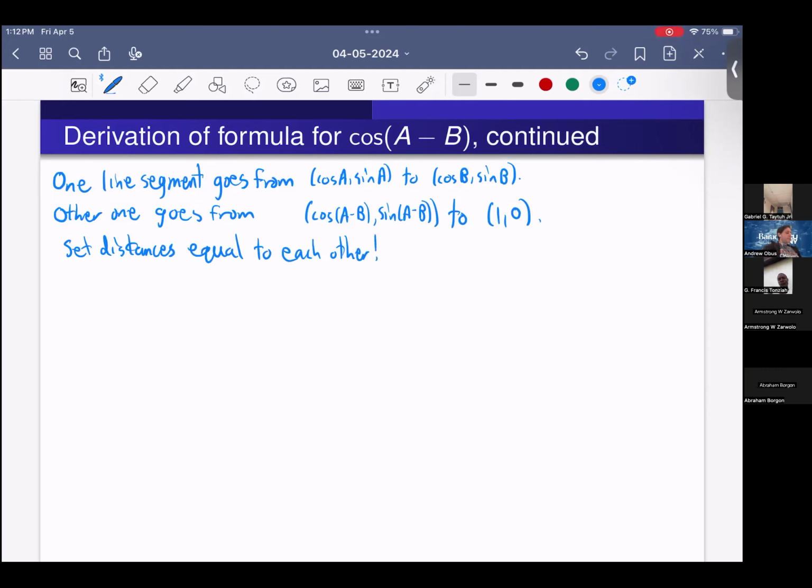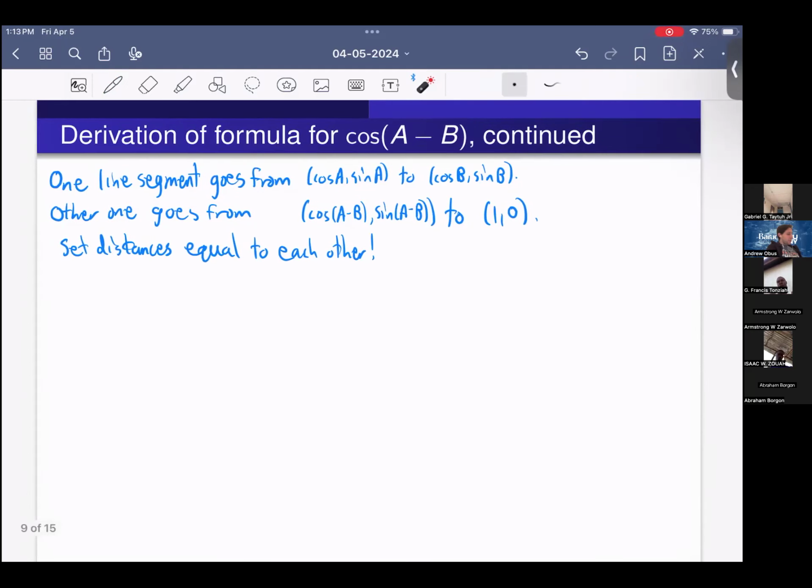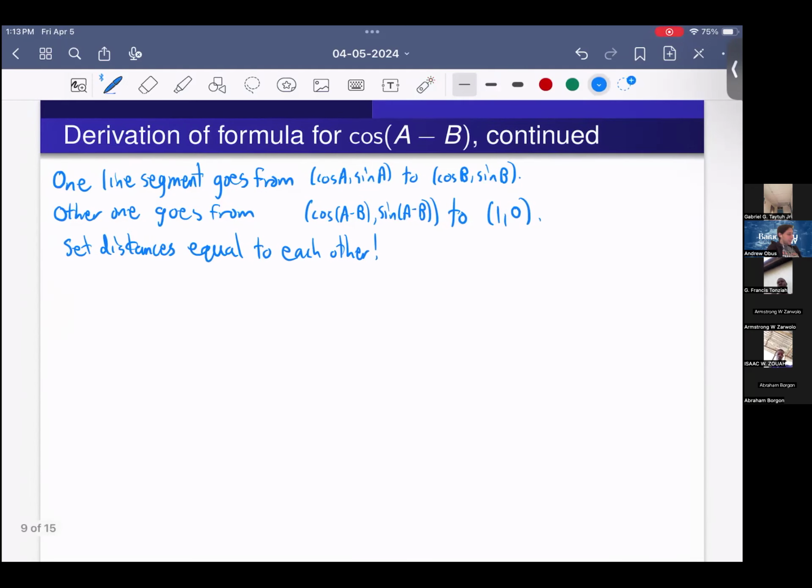So what happens when we set the distances equal to each other? Well, what's the distance from cos A, sin A to cos B, sin B? By the distance formula, that is the square root of (cosine A minus cosine B) squared plus (sine A minus sine B) squared.